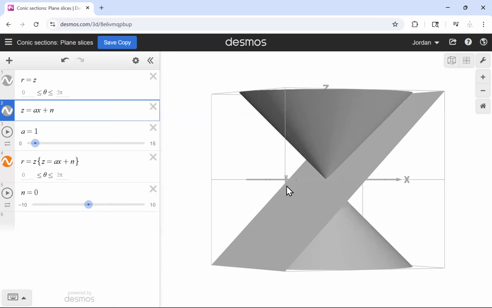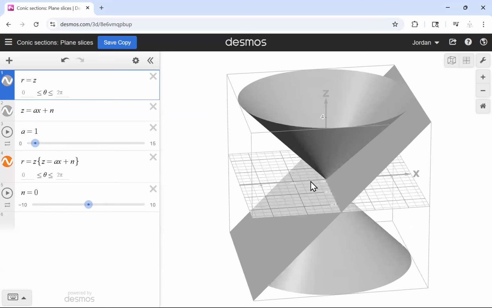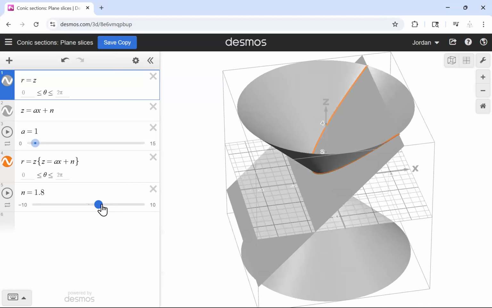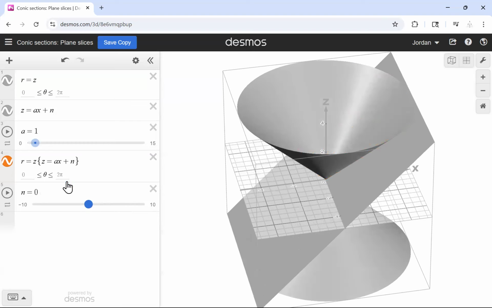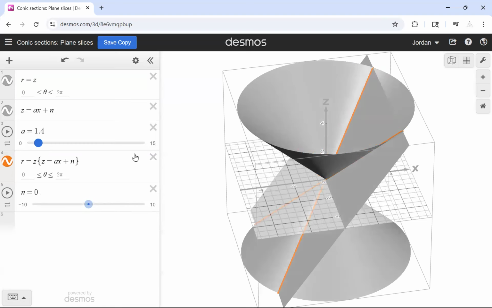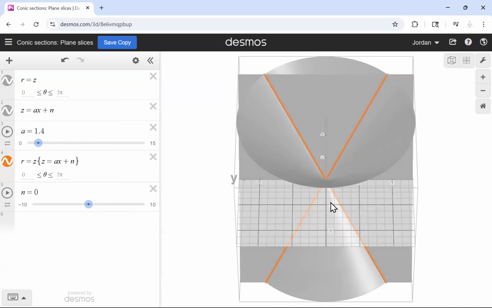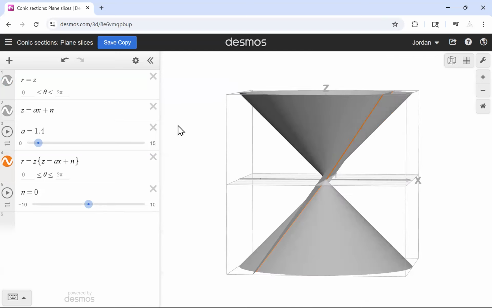So we get a point, a line, or two straight lines. But those are the trivial cases.